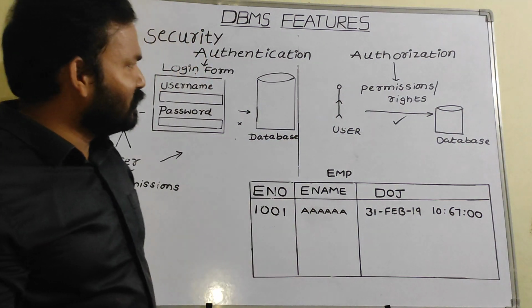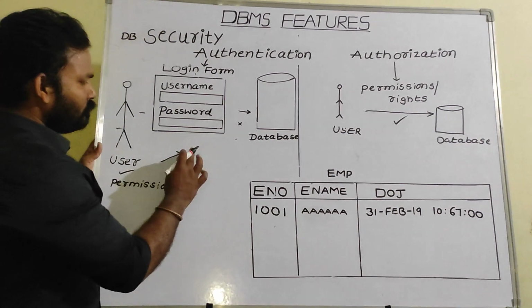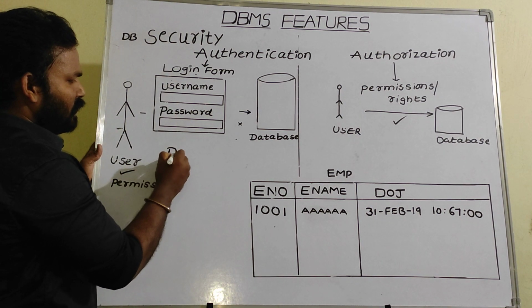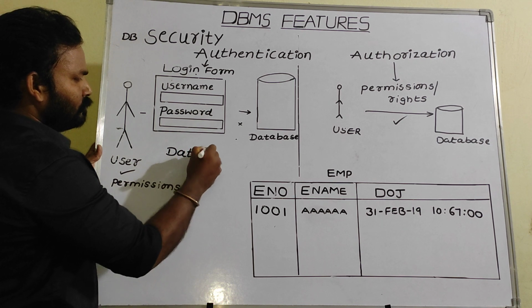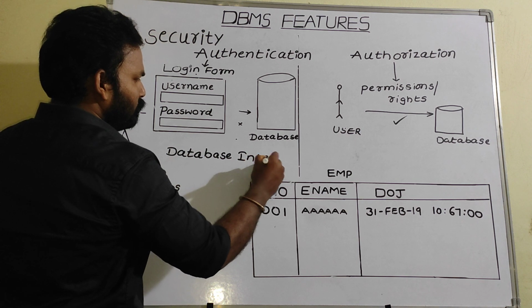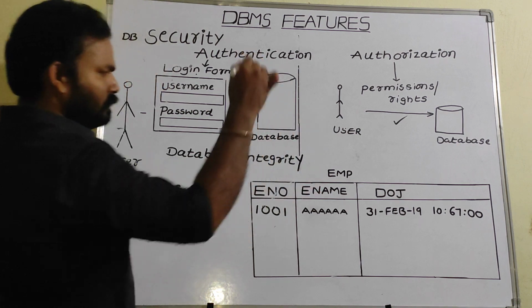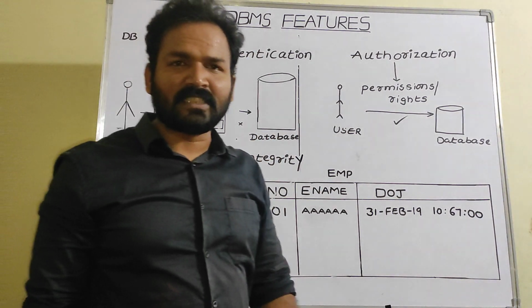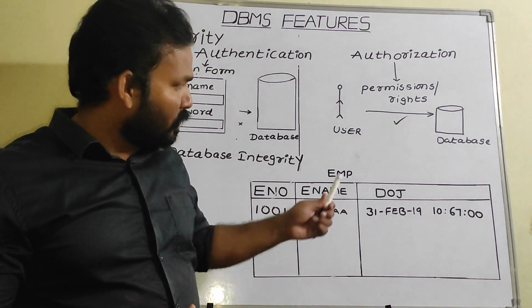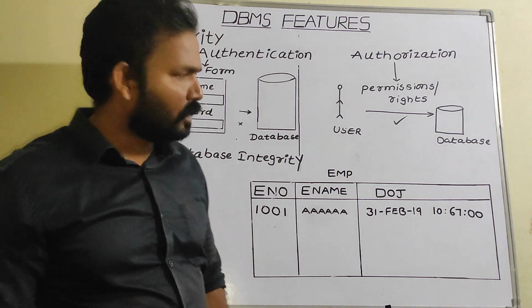Next feature of DBMS: database integrity. Let's see an example of the EMP table, the employee table.